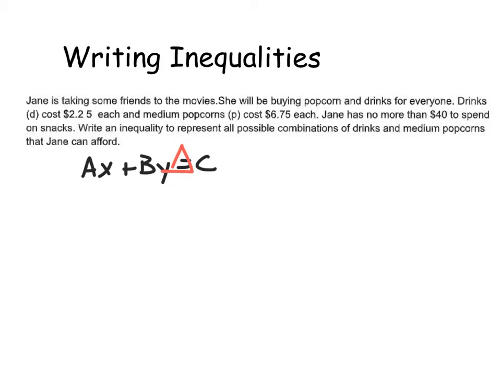The two different variables that we're considering are the cost of the drinks, which cost $2.25 each, and the popcorn that costs $6.75 each, and of course we have the no more than $40 that we can spend.